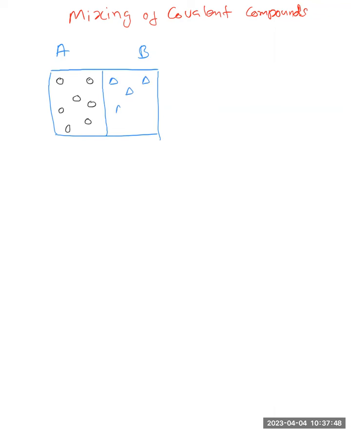So if we have two substances, say A and B, let's say that our A's are circles and our B's are triangles, and this is our unmixed state.